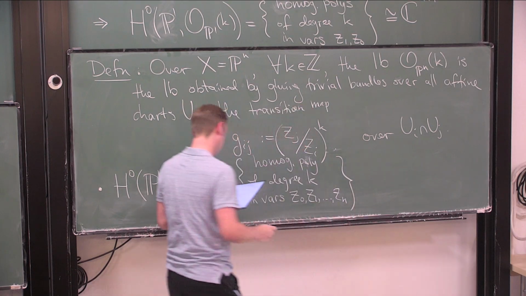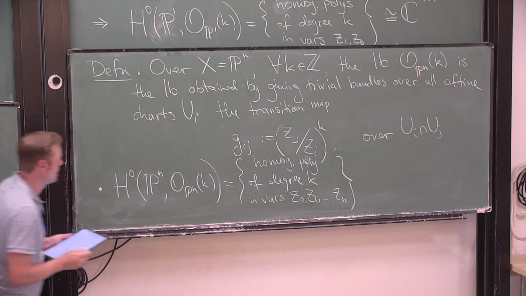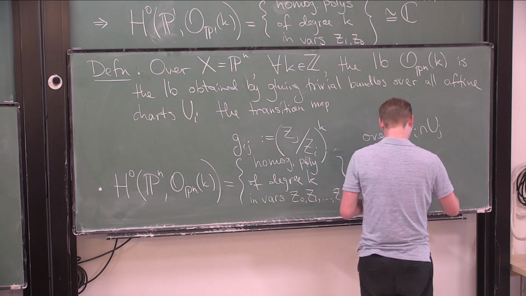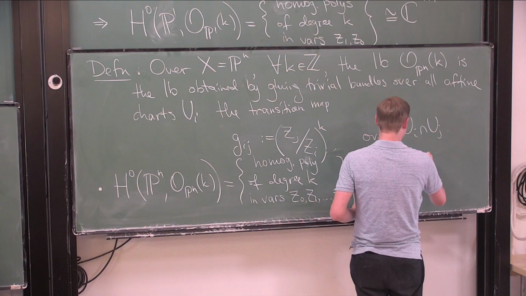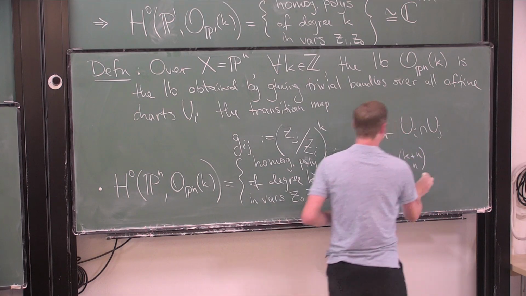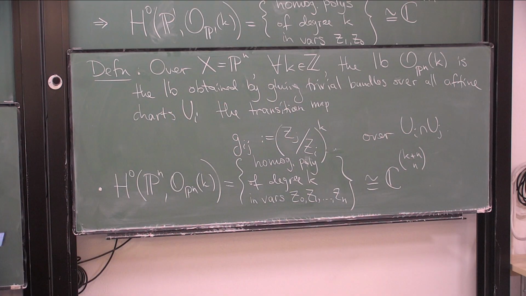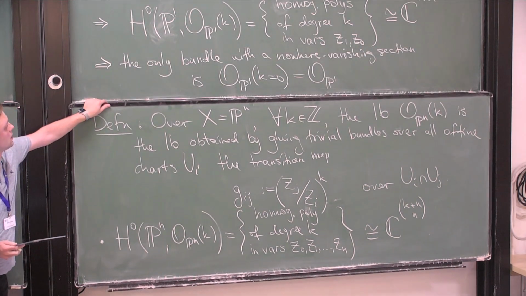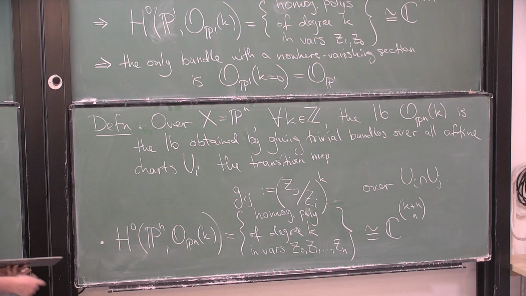And if you compute this, this is C to the, what is it, (k plus n) choose n. Does this make sense?